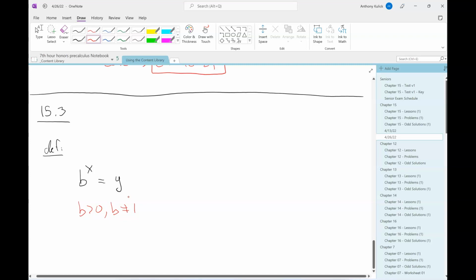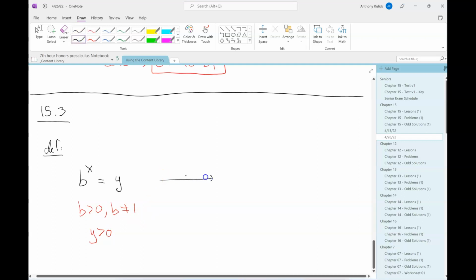Positive number raised to a power. Has to be positive. Might not be bigger. If you had something like 1/2 squared, that gets smaller, but it will stay positive. So we know in this case that y is also positive. Okay with that?